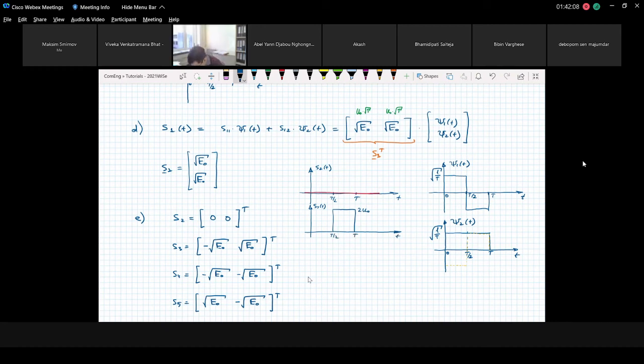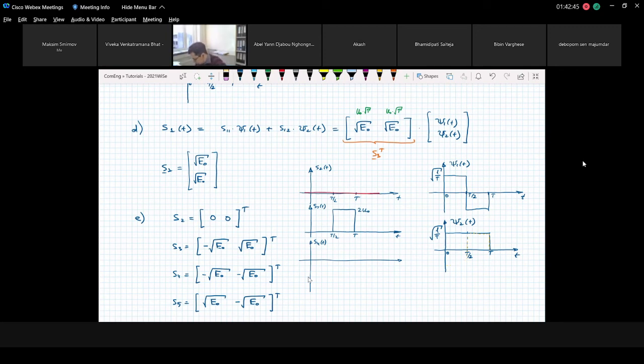Then if we go next and plot signal S4, we have minus first basis function minus second basis function.